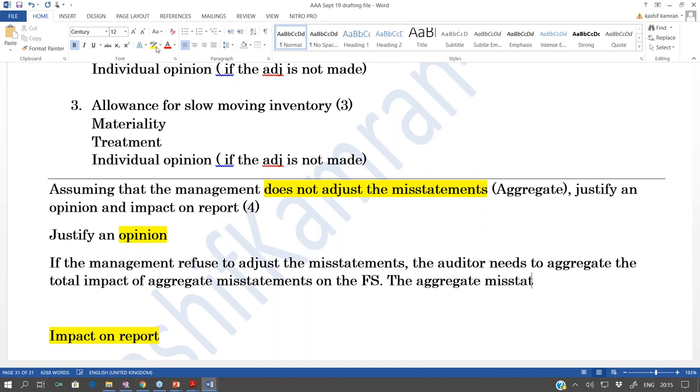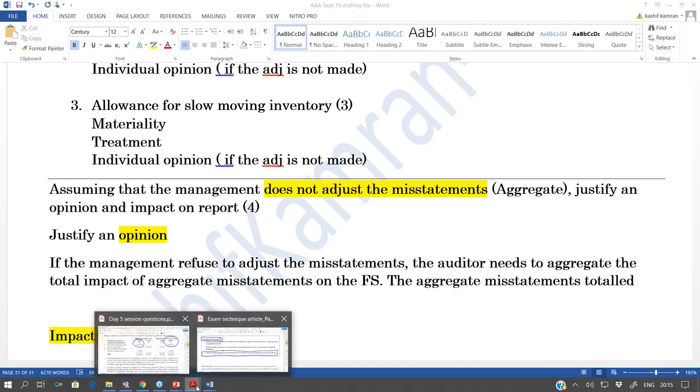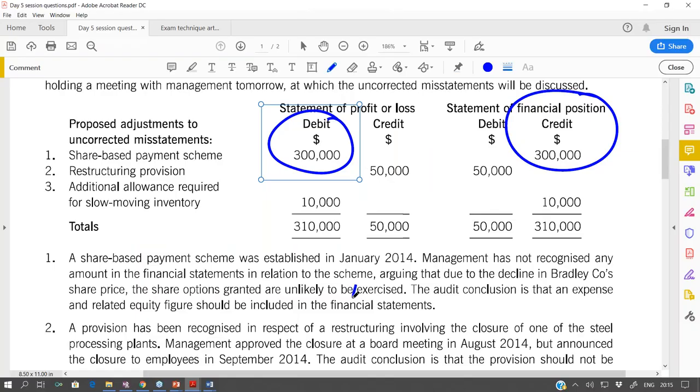The aggregate misstatements total. How much is the aggregate misstatement? Can you tell me how much is the aggregation of the misstatements?